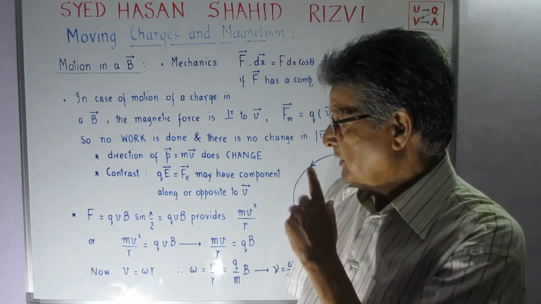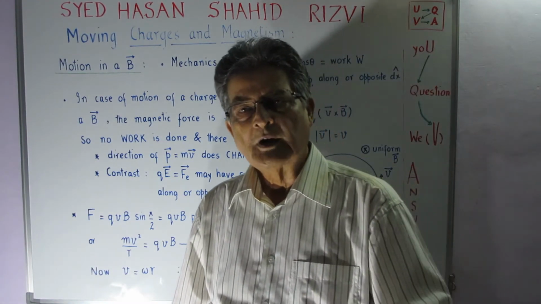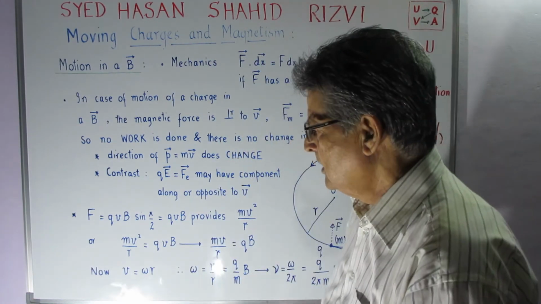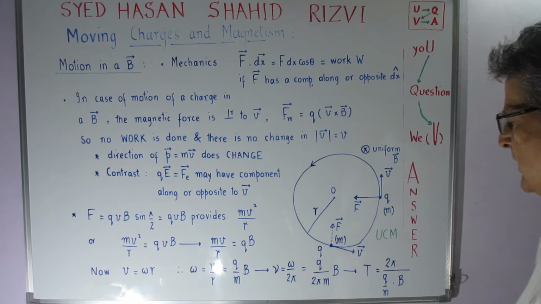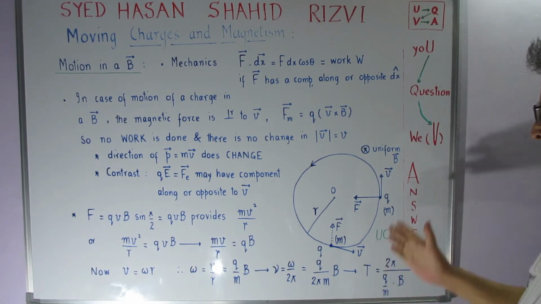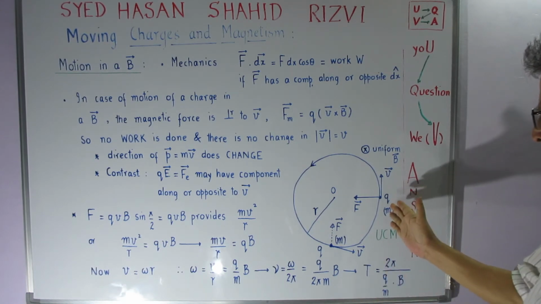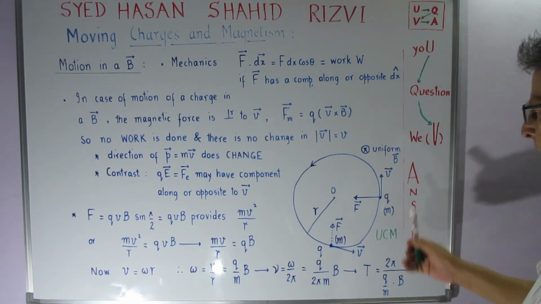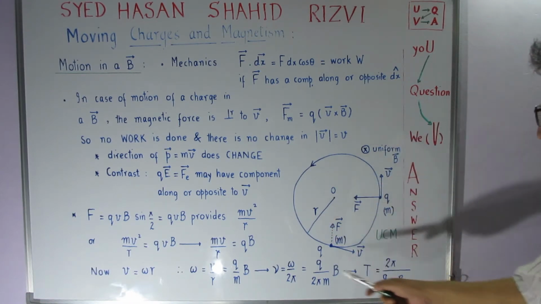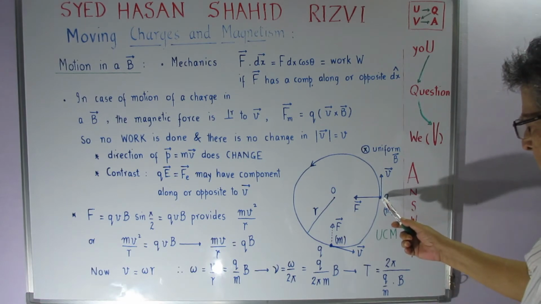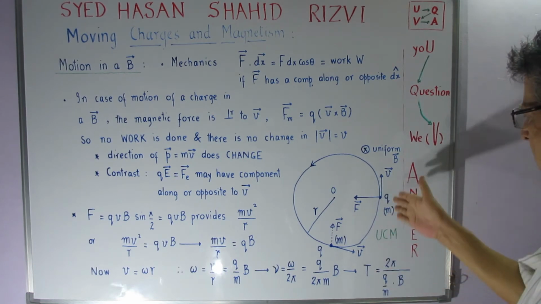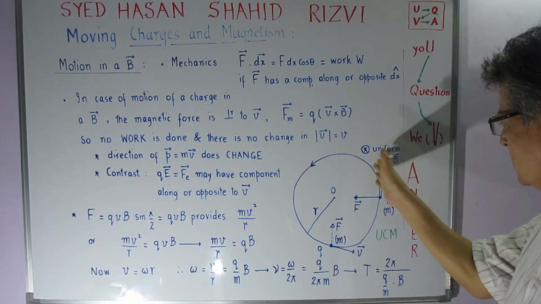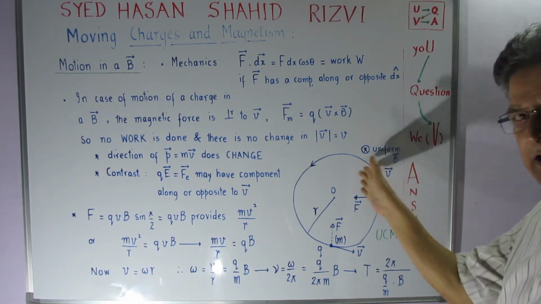So when you are using this rule, my palm rule, left palm, open palm, for the negative charges, and right palm for the positive charges. In this case you can see that I've got a positive charge. I have the uniform magnetic field going into the board. So all my fingers are going like that.